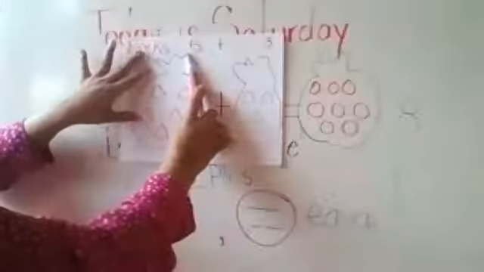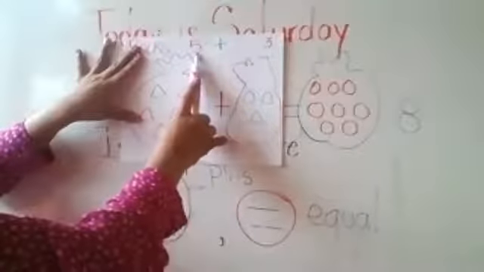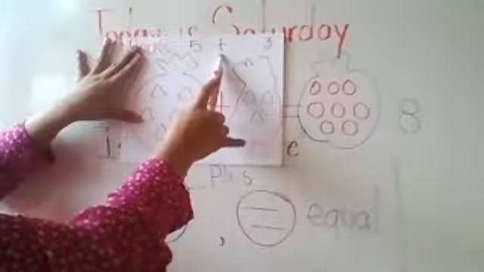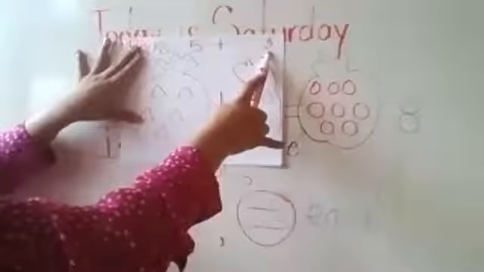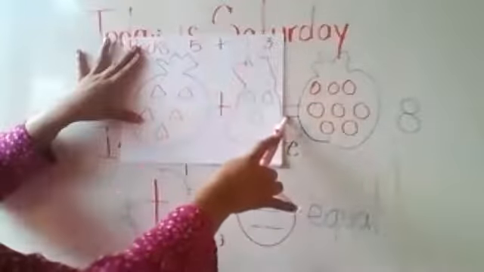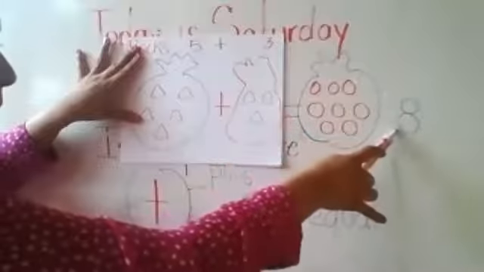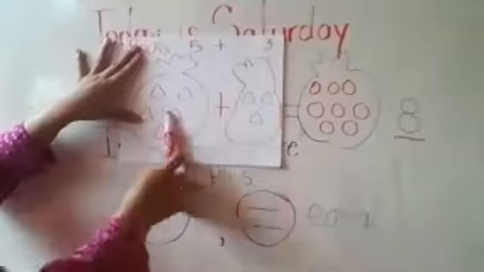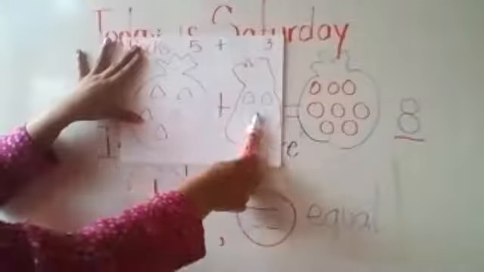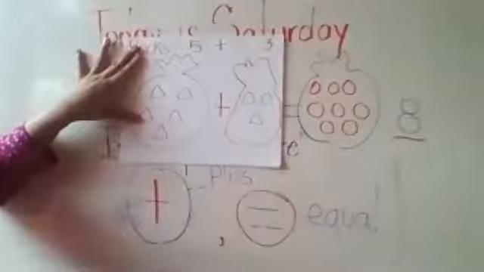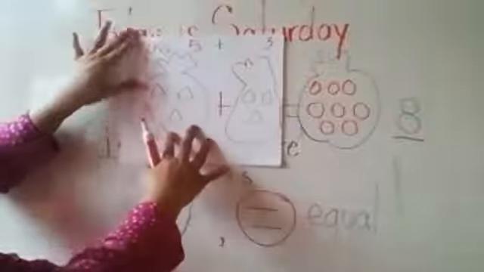So now let's repeat with me. 5 plus 3 equals 8. 5 rocks plus 3 rocks equals 8 rocks, okay? 8 rocks.